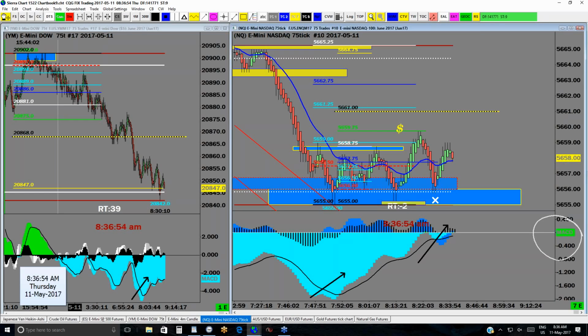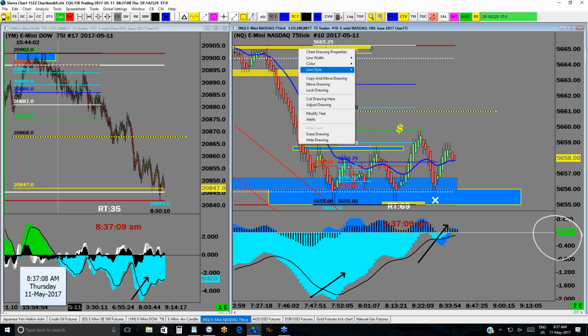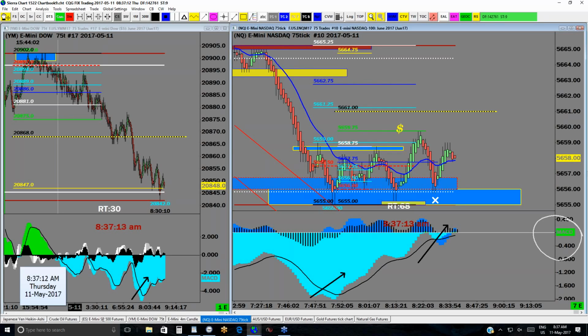And your next target is 5661. We'll turn this here up top here. Whoops. Turn this brown so you can see the yellow outline. This here's the target after the 5661.